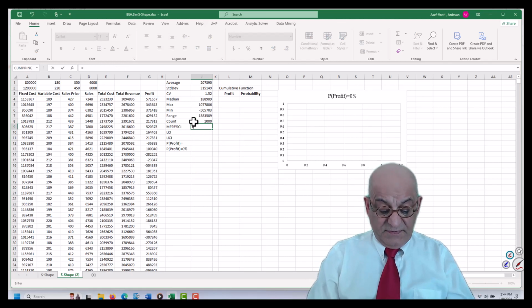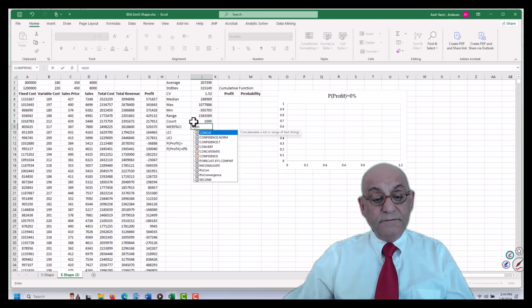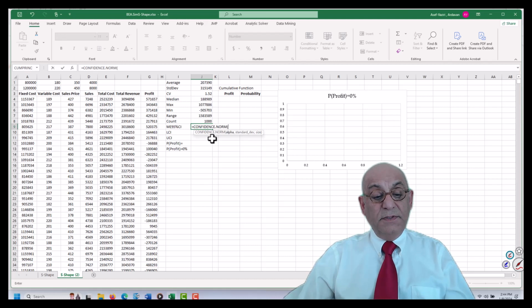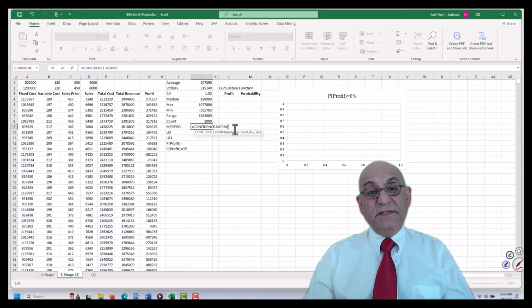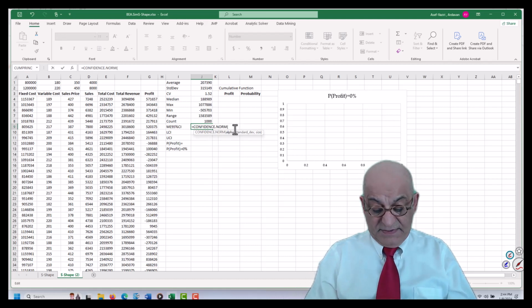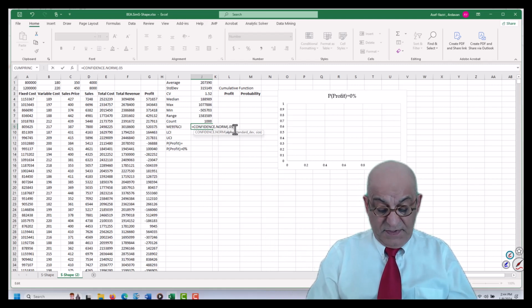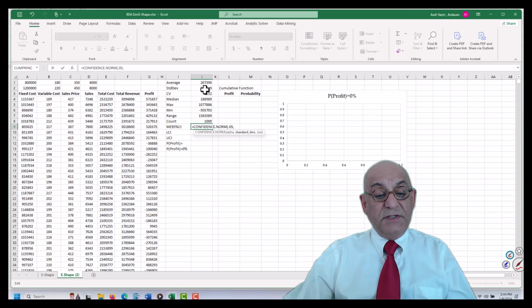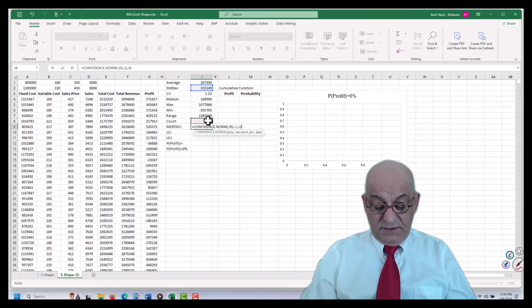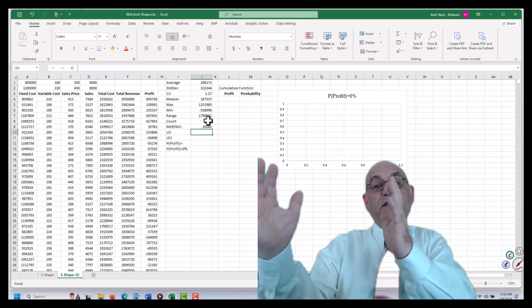95% confidence interval, CONFIDENCE.NORM. If it is 95% confidence, therefore alpha is equal to 1 minus 95%, which is 0.05. Standard deviation is here, and count is here. So this will give us a margin.